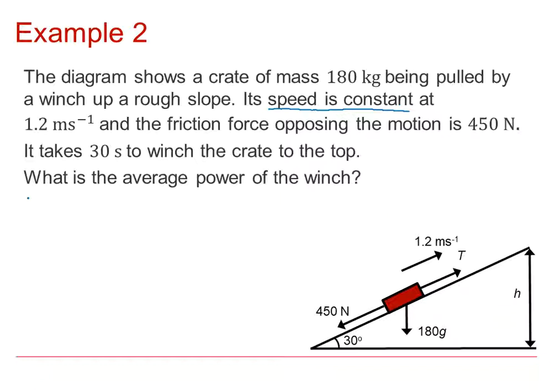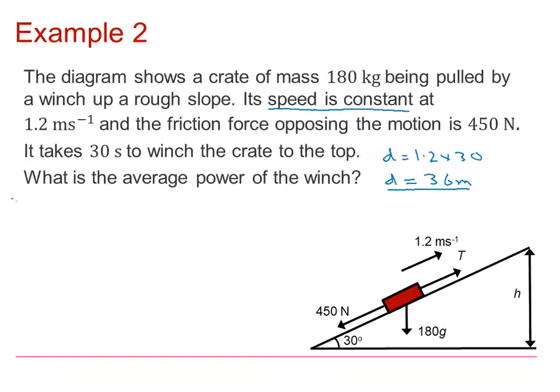So let's have a look at those separately. Before we do those, we need to find out how far the crate has travelled. So the distance travelled is going to be the speed, which is 1.2 meters per second, and it travelled for 30 seconds. So the distance along the slope is going to be 36 meters.